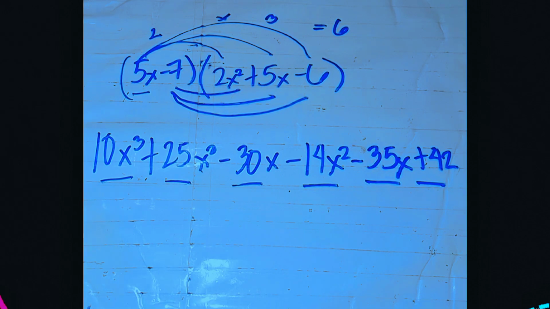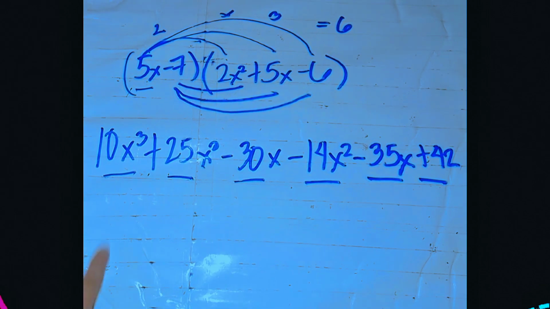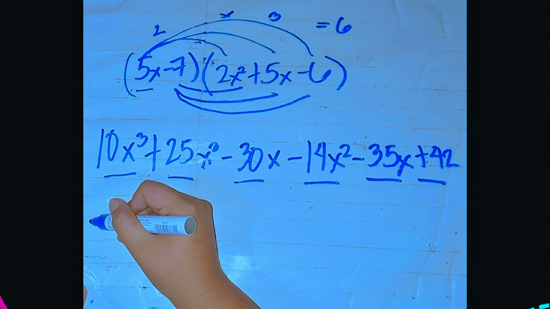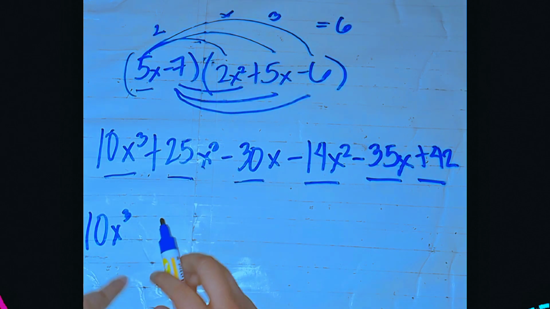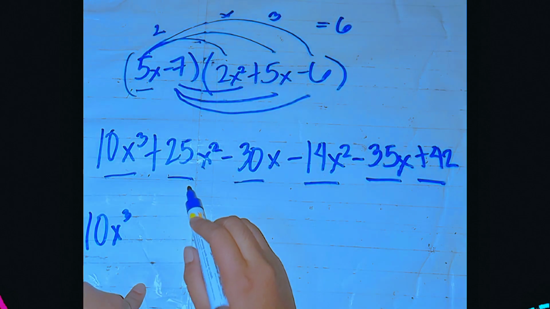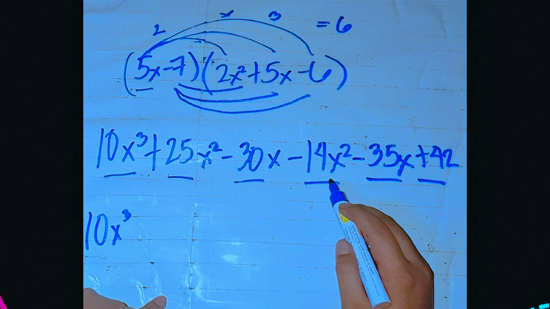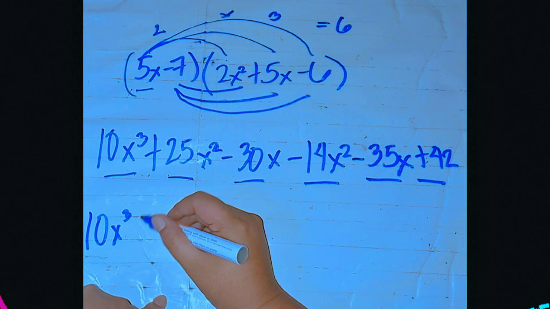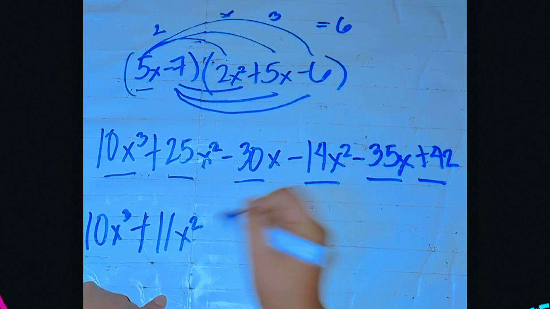Now, the next thing we'll do is like what we did from the other one. We'll have to combine like terms. We have the only one cubed, 10x cubed. Then we have the squared terms. We have 25x squared and negative 14x squared. Positive 25 minus positive 14 is equal to positive 11x squared.